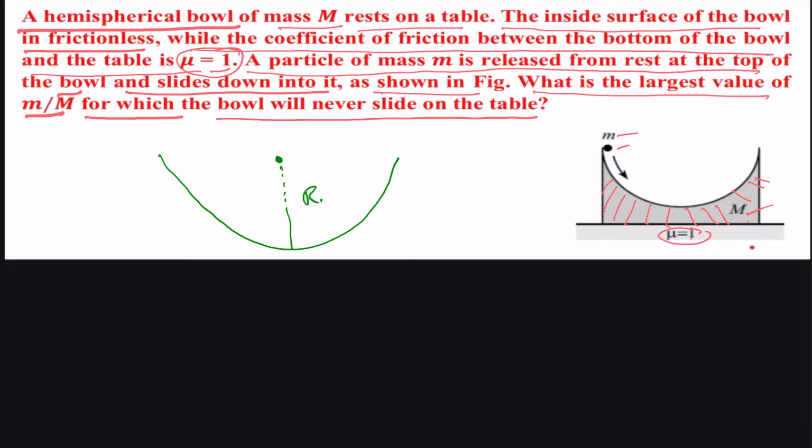Initially the particle is at the top of this ball. After some time, let us suppose the particle is at this position. So it starts from point A and after some time it is at point B, which is at an angle of theta.